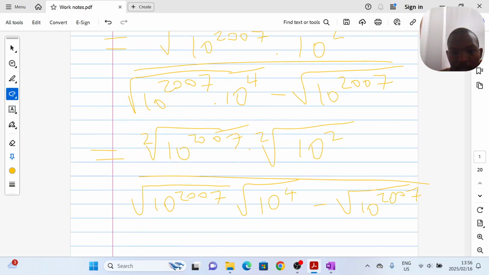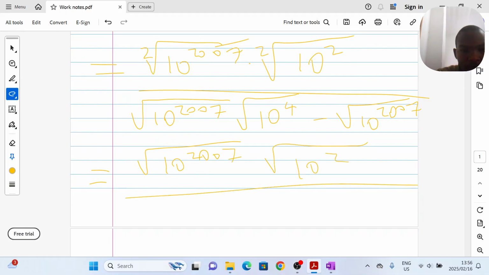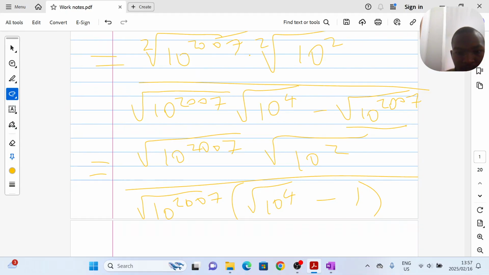Now that we have that, we're going to take out the common factor, which is the square root of 10 to the power 2007. So in the numerator, we still have 10 to the power 2007 times 10 to the power 2, all over, and in the denominator we factorize the square root of 10 to the power 2007, and we're left with the square root of 10 to the power 4 minus 1, because we have taken out the square root of 10 to the power 2007.